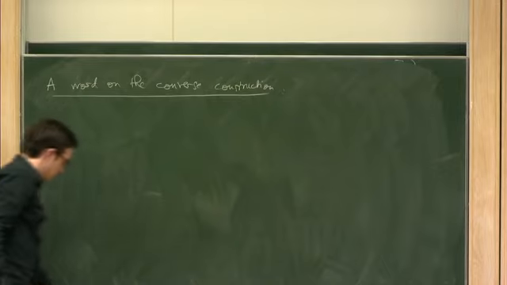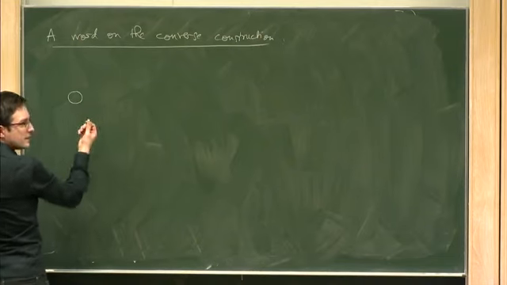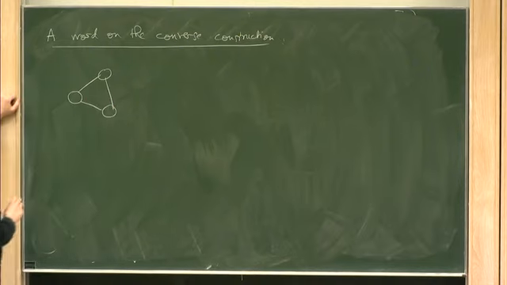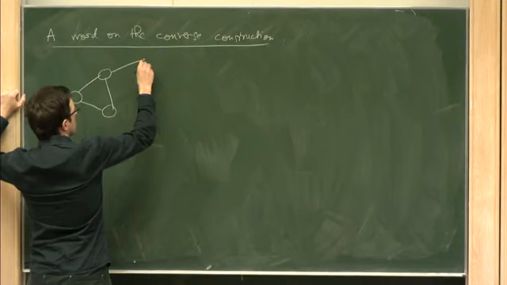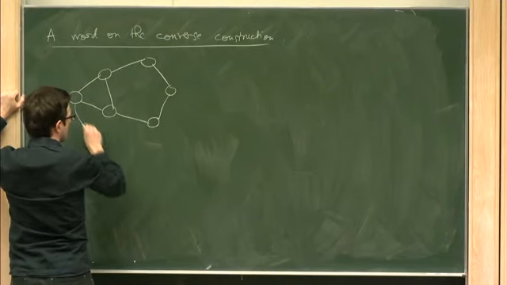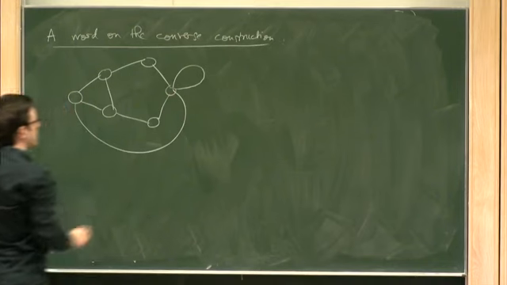So here I'm going to start from any plane map. Some of the faces can be triangles, pentagons, whatever. It can have maybe self loops.